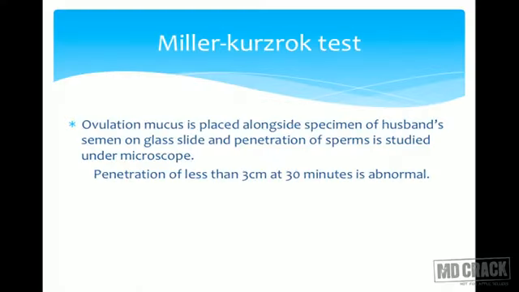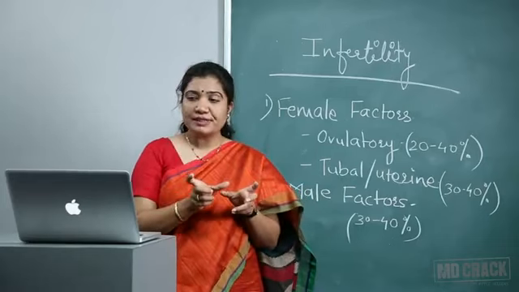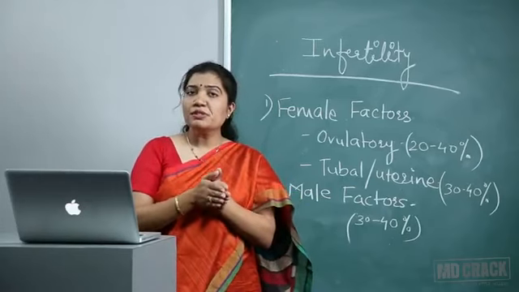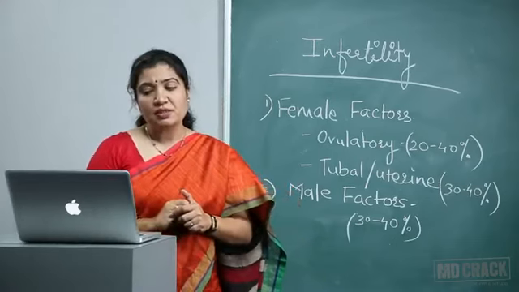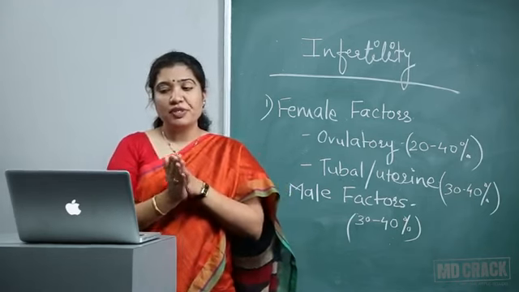Another test, Miller-Kurzrok. Ovulatory mucus is taken and placed on a slide. Half of the slide has cervical mucus, and on the other half, husband's semen is placed, and the reaction is seen at the interface.